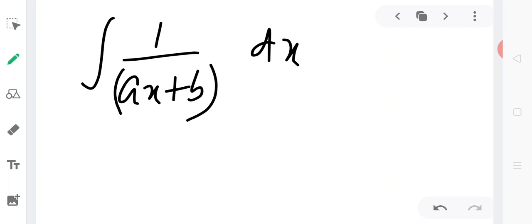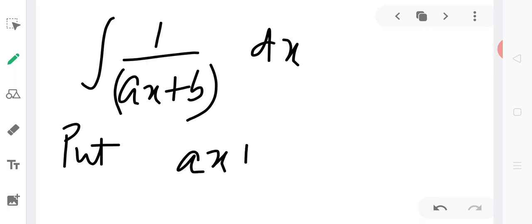So how are we going to do it? Put ax plus b equal to z.